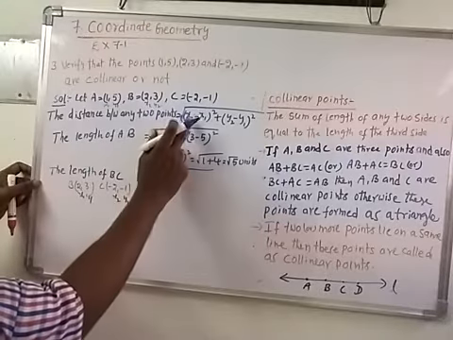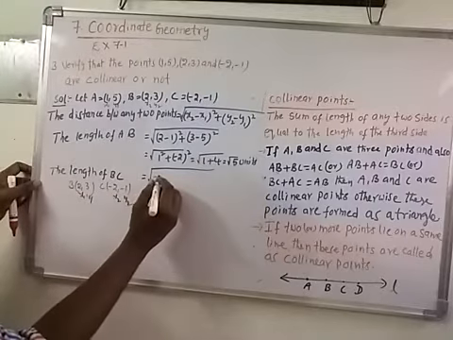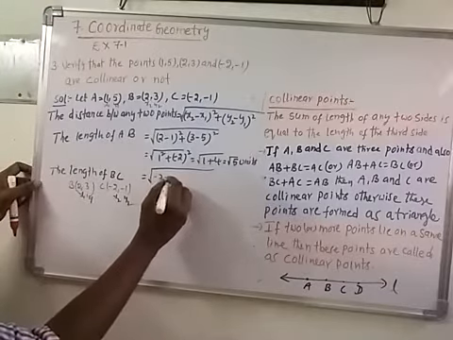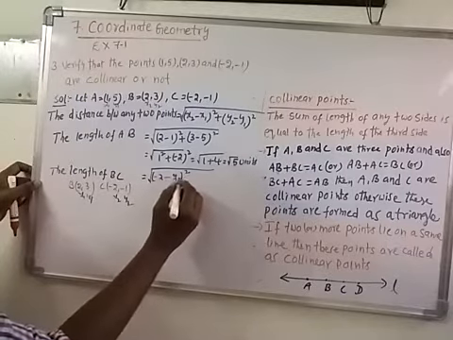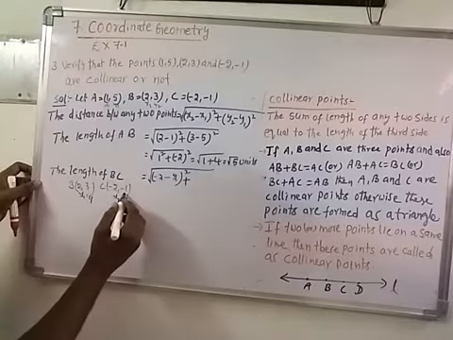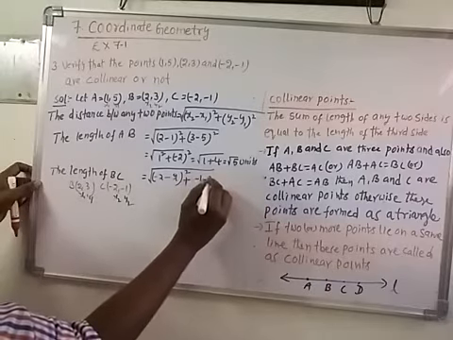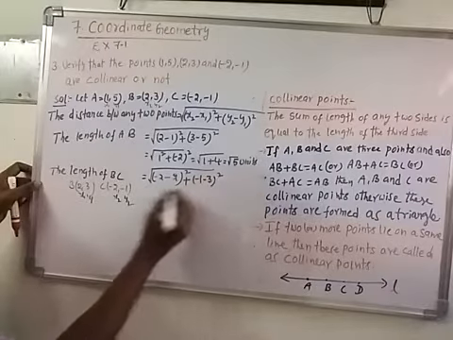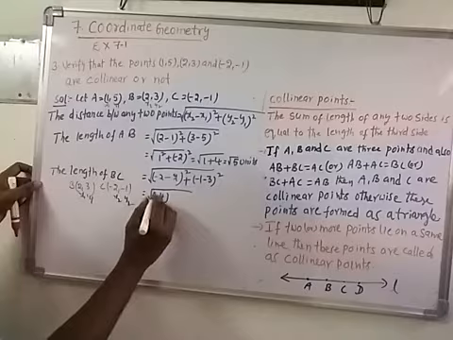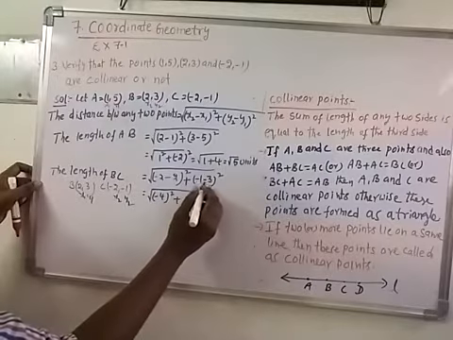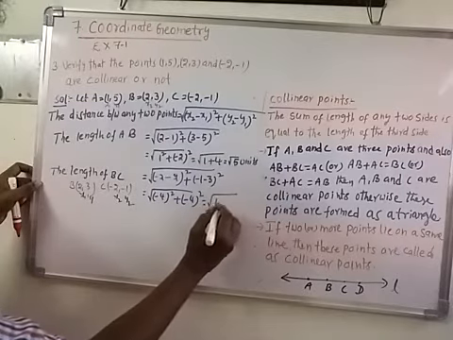The formula is the square root of (x2 minus x1) whole square plus (y2 minus y1) whole square, that is (minus 2 minus 2) whole square plus (minus 1 minus 3) whole square, that equals the square root of (minus 4) whole square plus (minus 4) whole square, that is square root of 16 plus 16.